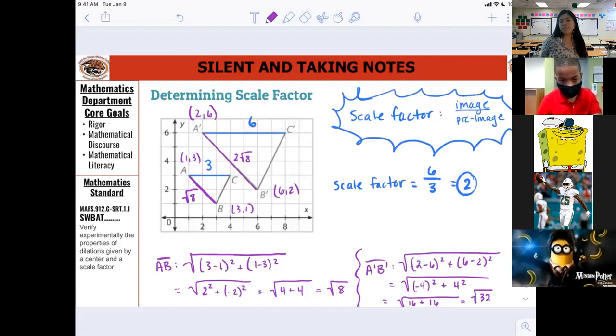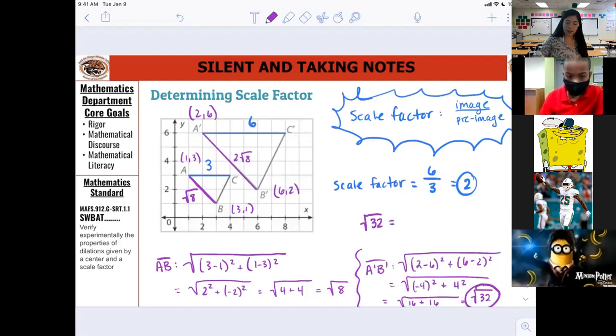Tyrone says 64 though. Well, it's definitely the square root of 32, but who can remind me? If I have the square root of 32, it's going to equal the same thing.